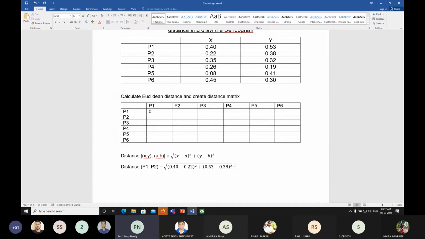Now if you do the calculation, you have to fill it up and tell me the answer. One thing I'll just fill in: it is 0.23. You can check it. The rest of the calculations you do by yourself and tell me the answer. So 0.23 for p1, p2.